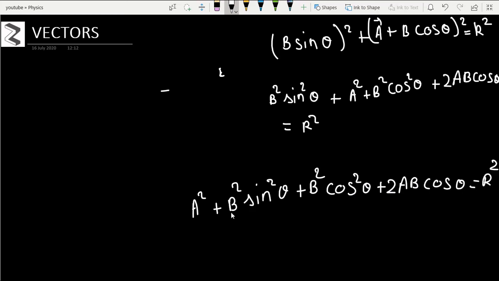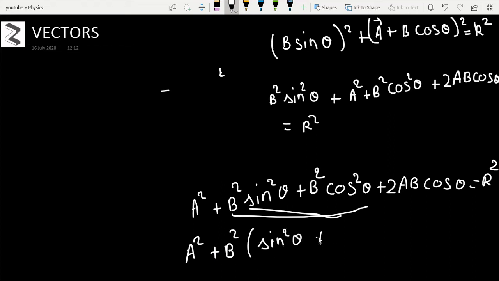Now in this part, if we take B square as common, what will it become? It will become A square plus B square into sine square theta plus cos square theta, and so on. We know that sine square theta plus cos square theta is nothing but 1.